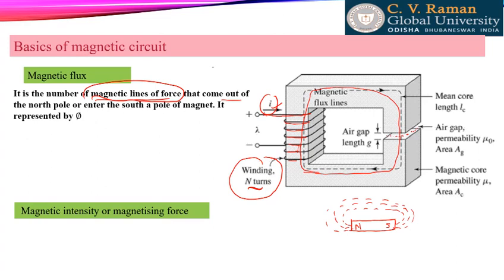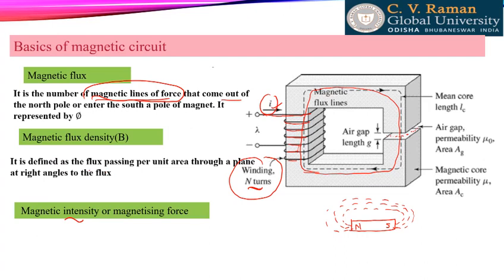Then next thing we have to understand is the magnetic intensity or magnetizing force. So intensity means how much force we will feel in a magnetic area or any magnetic field. So magnetic intensity can be defined as, before that we should study the magnetic flux density.